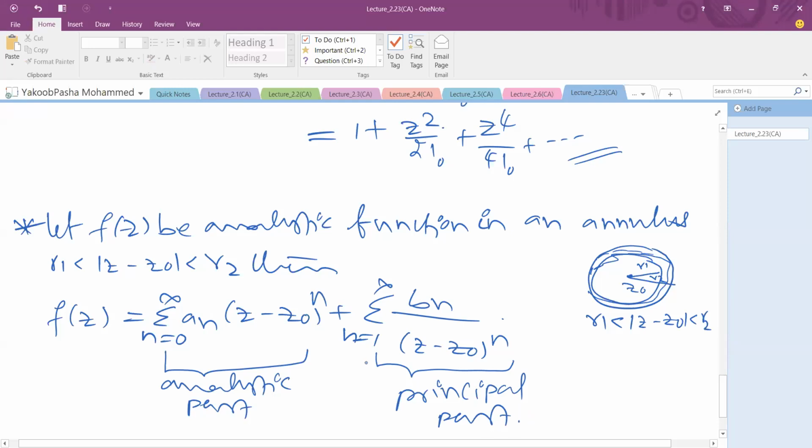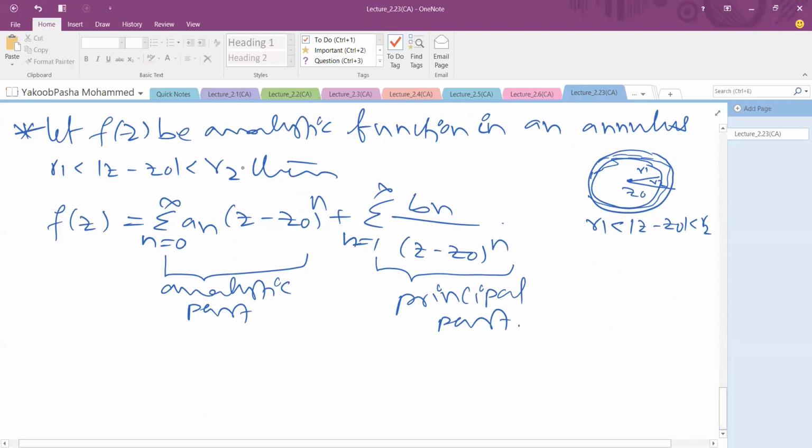When the function is not defined, to smooth the function we use the Laurent series expansion. This is called the Laurent series expansion.